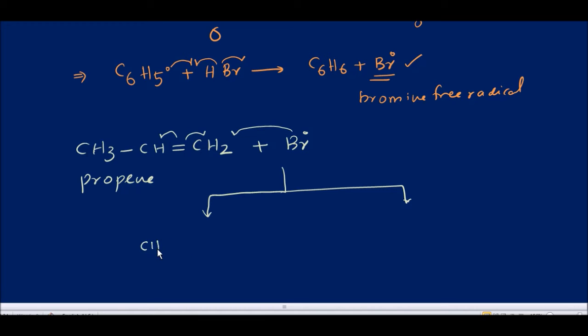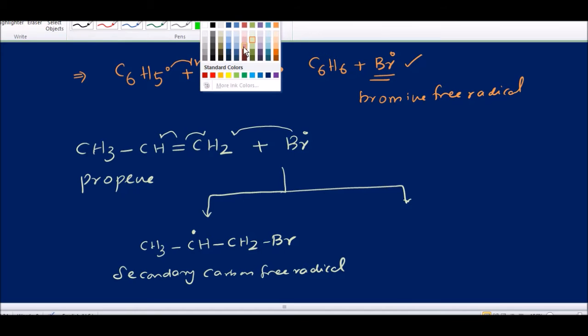You can have CH3, CH, it becomes CH2Br. Now this is carrying the electron. So what kind of intermediate is this? Secondary carbon free radical as an intermediate. Instead of that, one more possibility, this is the other chance.